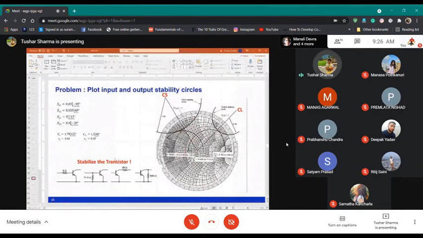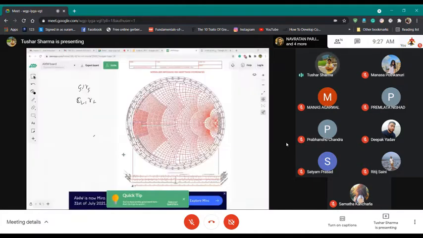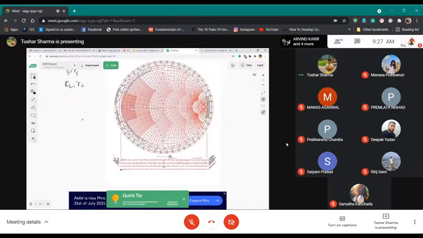So let's go back. Let's see 1.79 angle 122. So 1.79 means I will be from here somewhere until here. This is 1.6, 1.7. So that's what I will take. This is around 1.7.